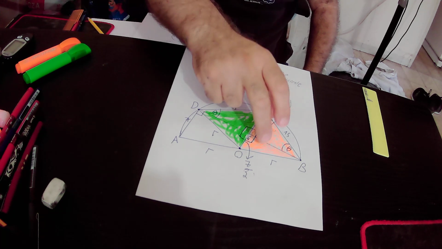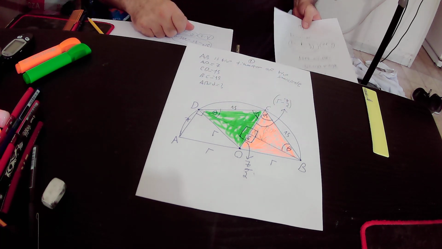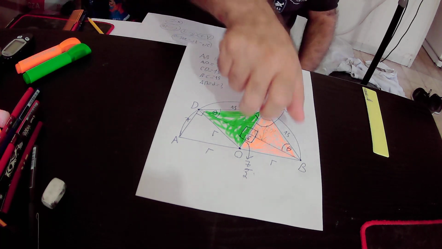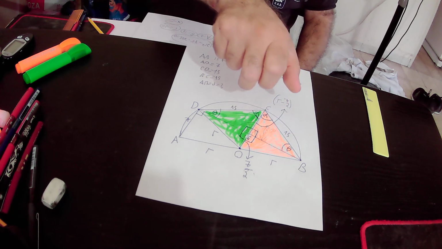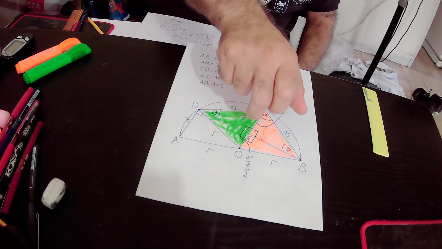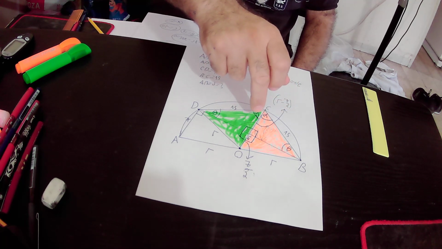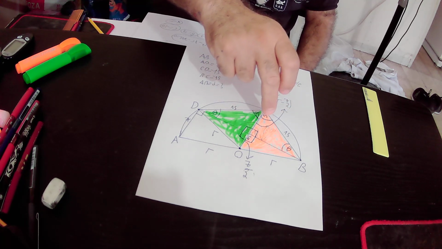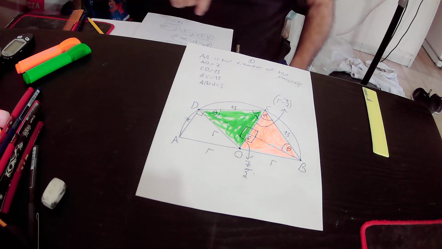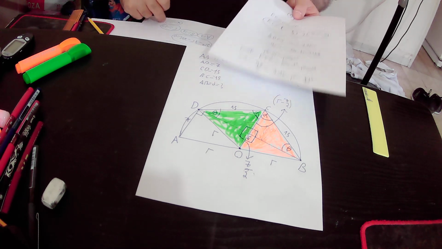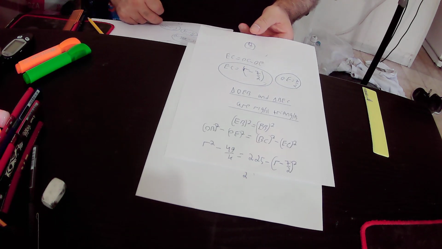So we have here two right triangles, and we also know that side EB is a common side. It belongs both to the right triangle EOB and to the right triangle CEB. So we implemented the Pythagorean theorem on those two triangles.